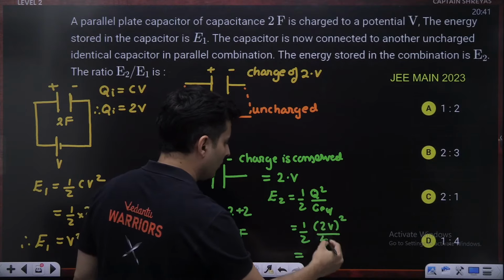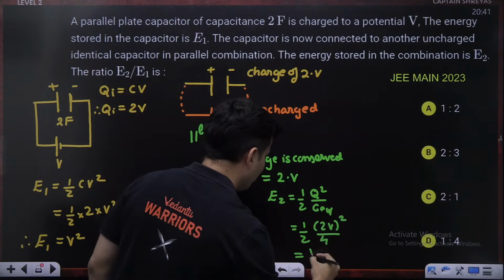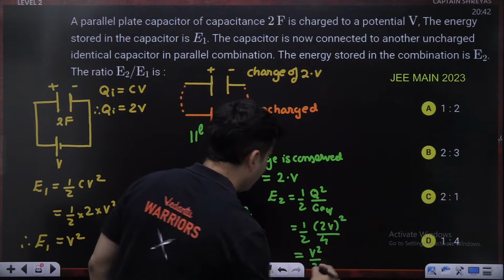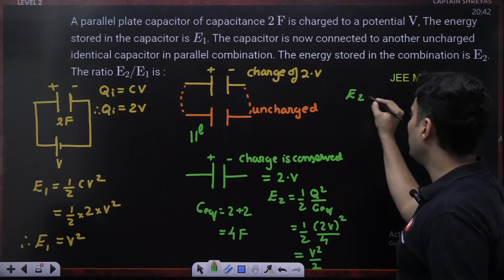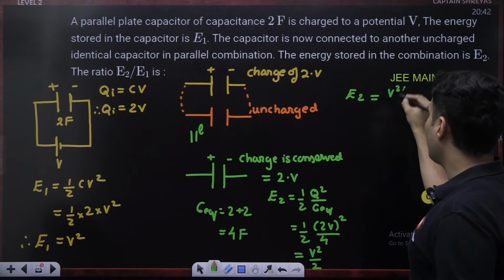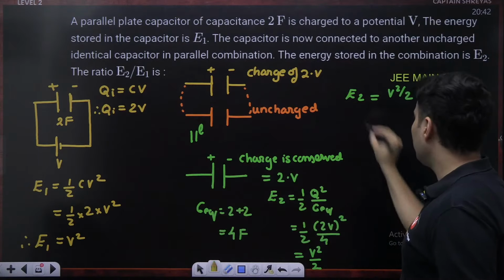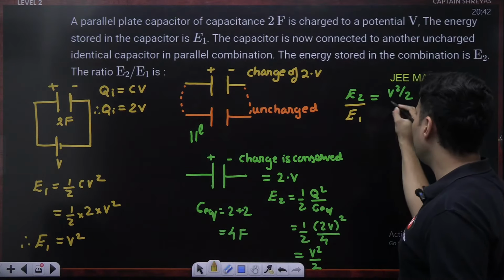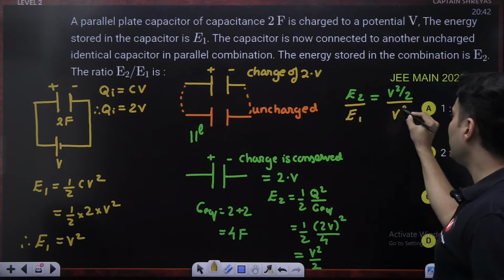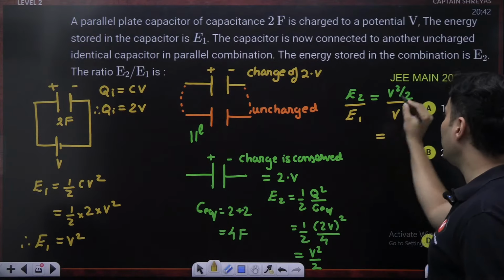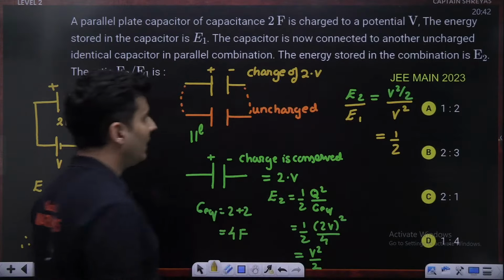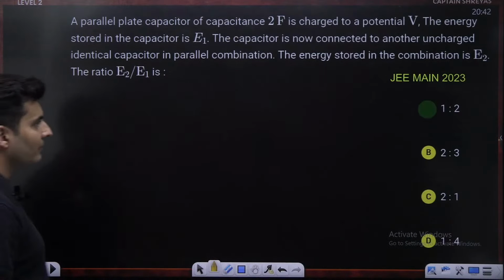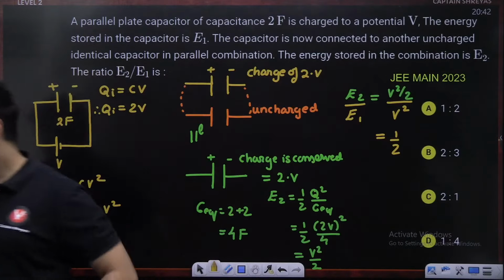So 4 will cancel, and it will become V square divided by 2. So our E2 is basically V square by 2 and our E1 is basically V square. So this ratio of E2 by E1 will be basically 1:2. So that should be the answer, which is option A. Yes, that is correct. Perfect.